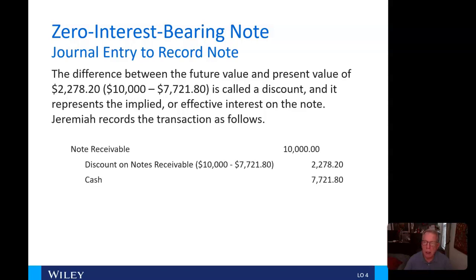We're going to debit notes receivable for $10,000, but we're only paying $7,721.80 in cash. The difference is a discount on notes receivable of $2,278.20.